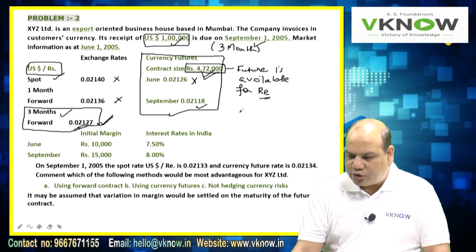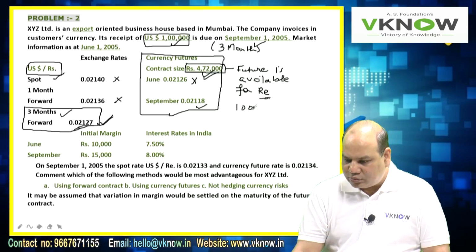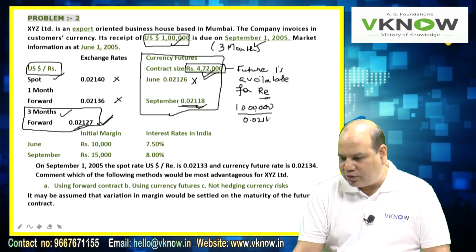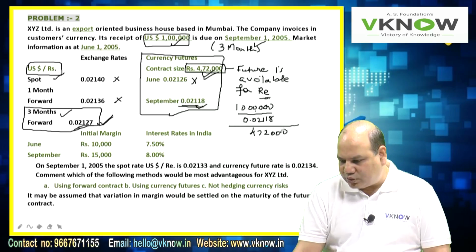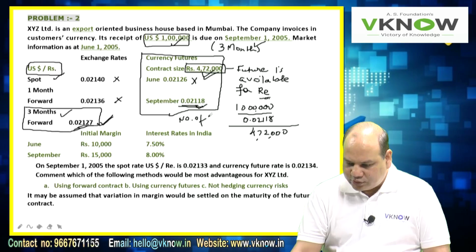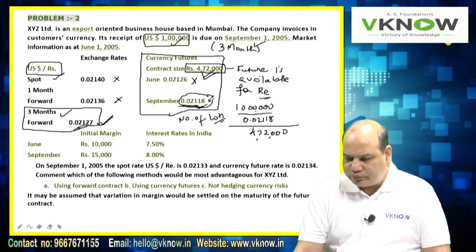So number of future contracts to be taken will be, now, this is 10 lakh dollar, and this is the future rate, which is dollar per rupees. So you'll have to divide by 0.02118, and again you will divide by 1 lot, 4,72,000. So this will give you number of lots, and this is the future rate, dollar per rupees, you will lock.